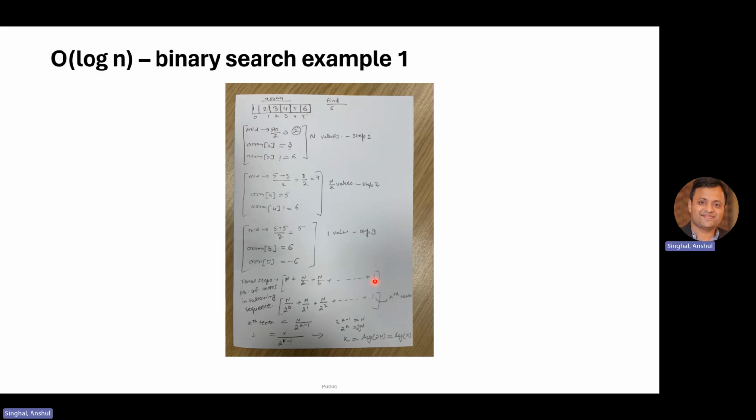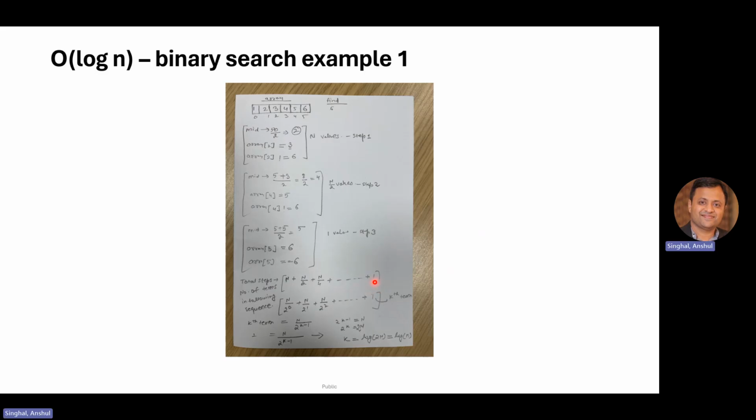So let's say, basically now if you see here, it's n by 2 raised to the power 0, n by 2 raised to the power 1, like that. So let's say these are the total k steps or k terms.